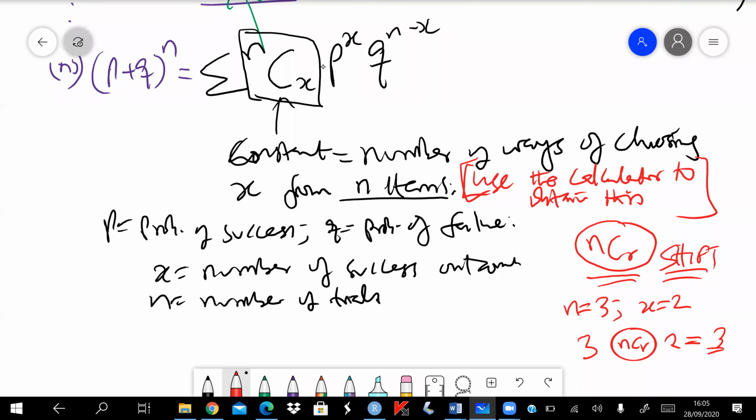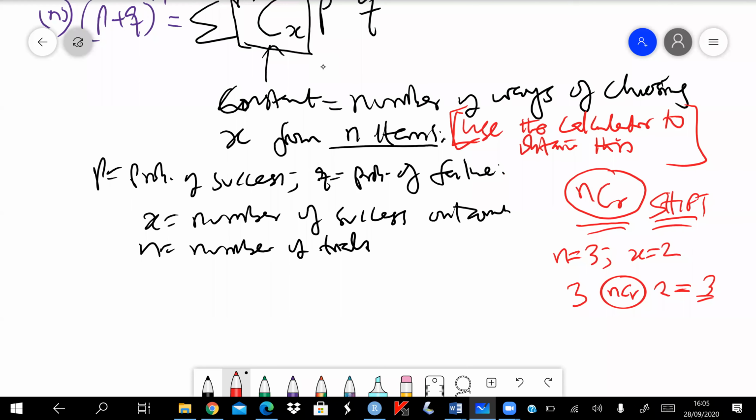I think the answer is 3. You can try for many other values of n and x. You notice that the value of x must always be less than or equal to n for that function to work.